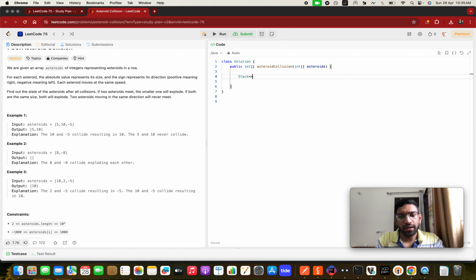First we are defining the stack, Stack of Integer, stack equal to new Stack. Then we are iterating over our array of asteroids.